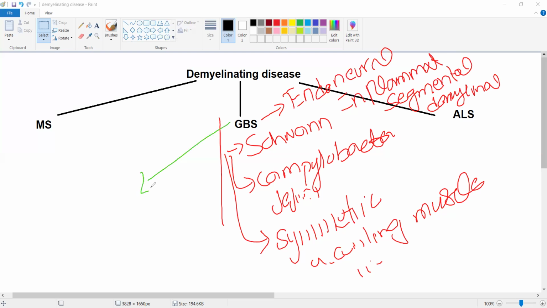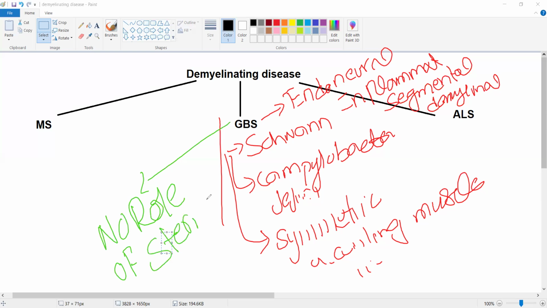The steroid has a role in multiple sclerosis, but there is no role of steroid in GBS. So this is again high yield stuff.